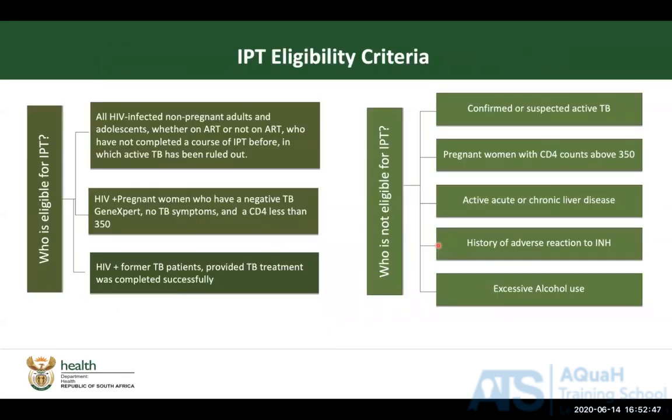So in terms of assessing eligibility, who is eligible for isoniazid prophylaxis therapy? All HIV-infected non-pregnant adults and adolescents, whether on ART or not, who have not completed IPT before, should be considered for IPT.